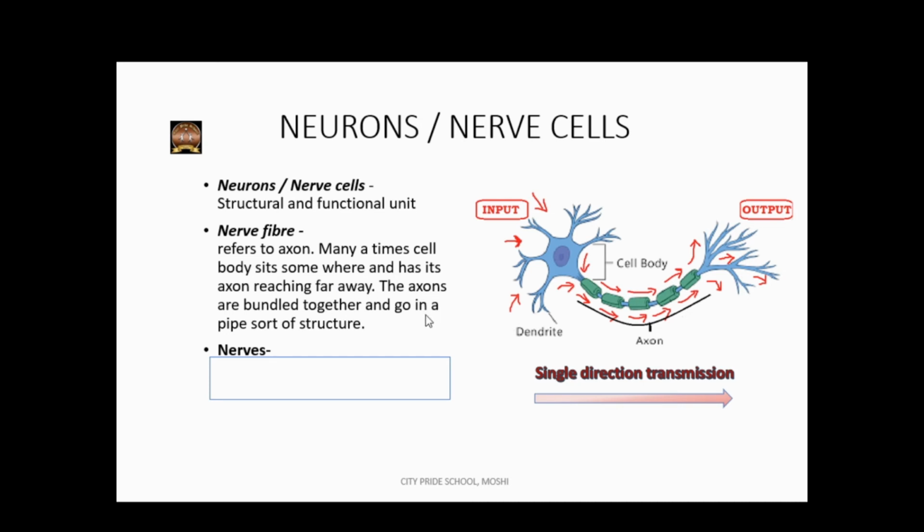The axons are bundled together and then they go in a pipe sort of structure. And this pipe sort of structure is called a nerve. What are nerves? Nerves are a collection of neurons which are the individual nerve cells. You will understand a little bit more about nerve fibers and nerves in the next diagram.